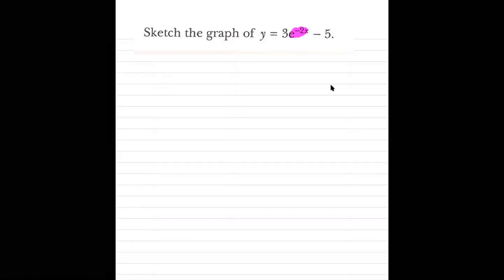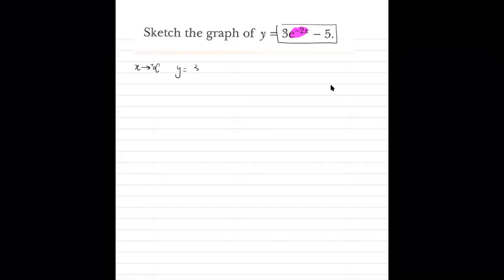If you are going to increase the value of x to positive infinity, taking a very, very large value, what will happen to the value of the function? Your y is basically equal to 3e to the power of minus 2x minus 5, which is the same as saying 3 divided by e raised to the power of 2x, minus 5.